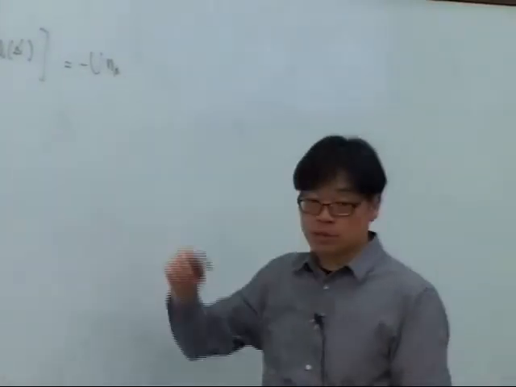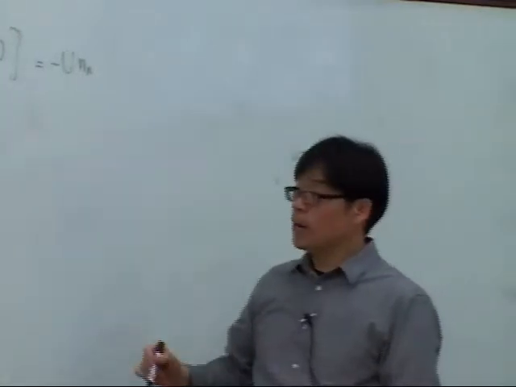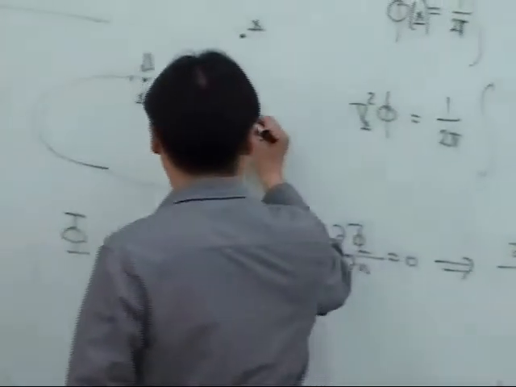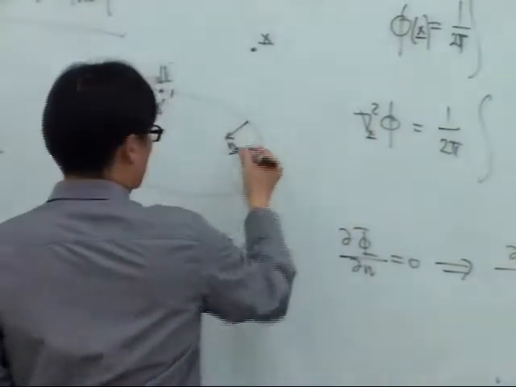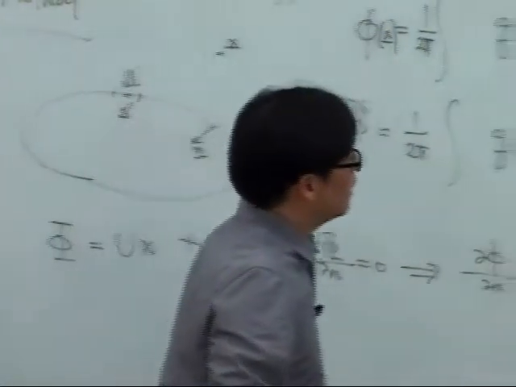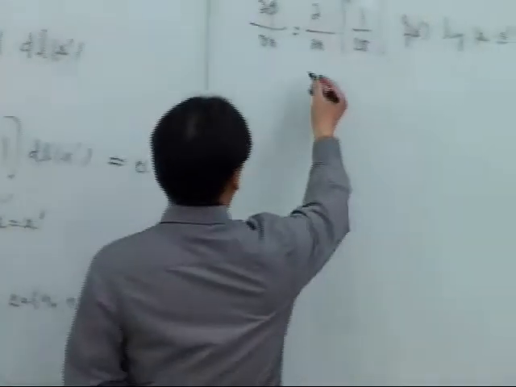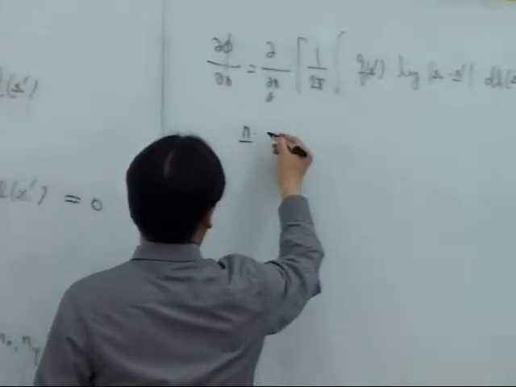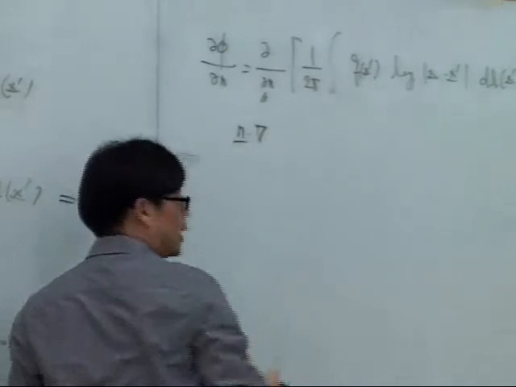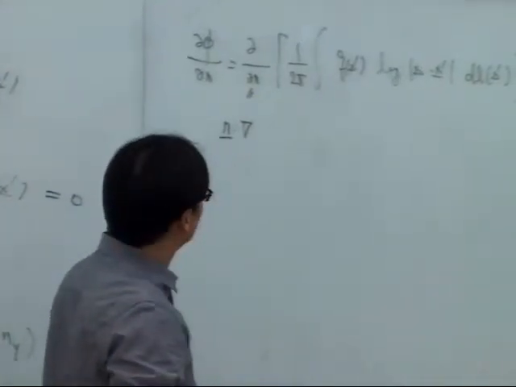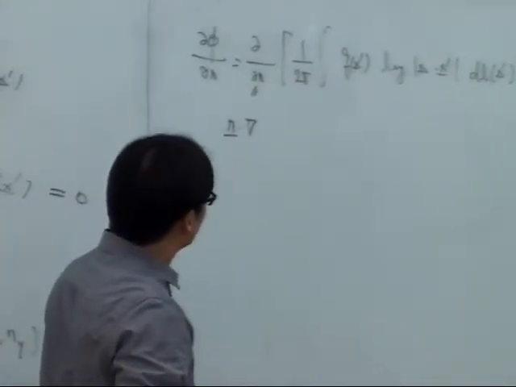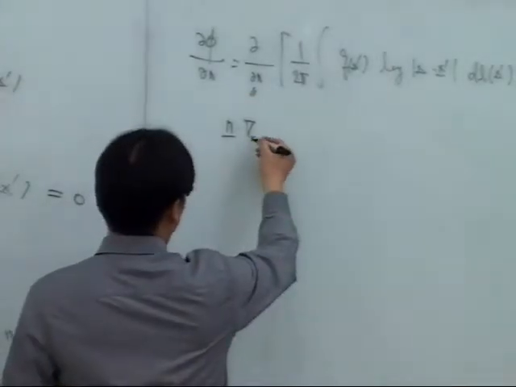Of course, the n_x depends on the geometry of the body, and n is defined as the inward normal, like this. So this is nothing but n dot gradient, and this is the gradient with respect to x.